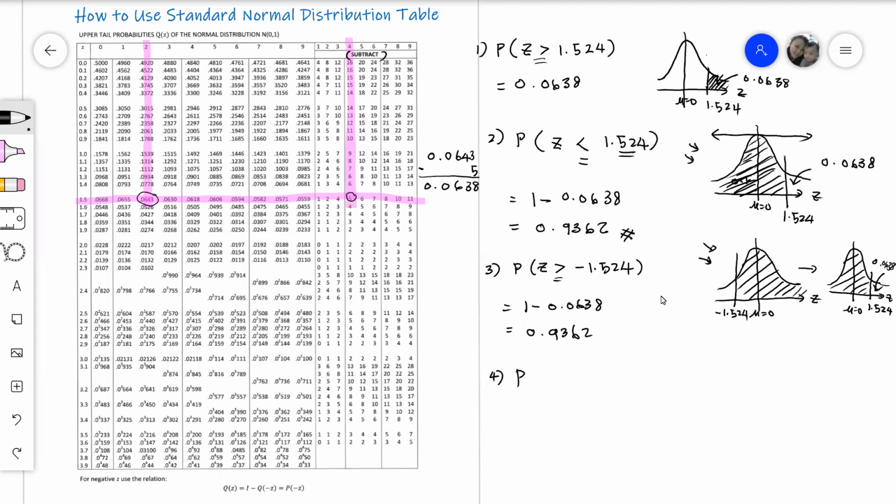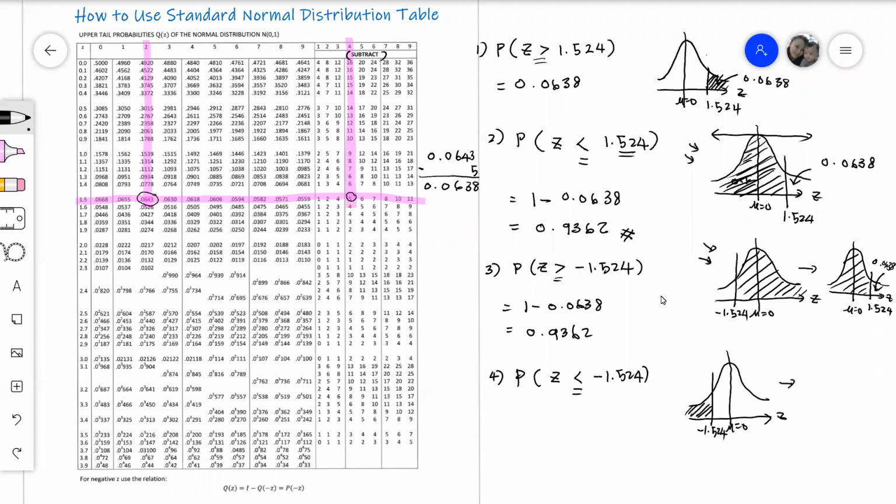Number 4, the probability when our Z score is less than negative 1.524. Same thing, bell curve. Mark down where our negative value is. It's on the left side. Shade the part that we want. It says less than, which means we want to shade this part.